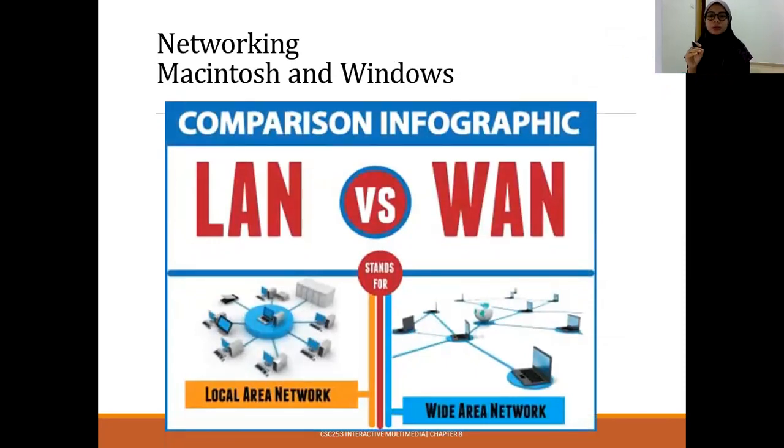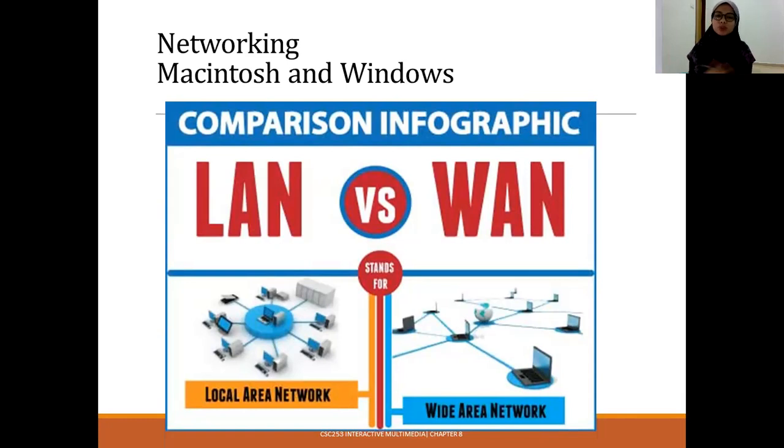Networking, the comparison between Macintosh and Windows. In terms of this comparison infographic, we have LAN versus WAN. So if we want to connect between Mac and Windows, we can use LAN or WAN.